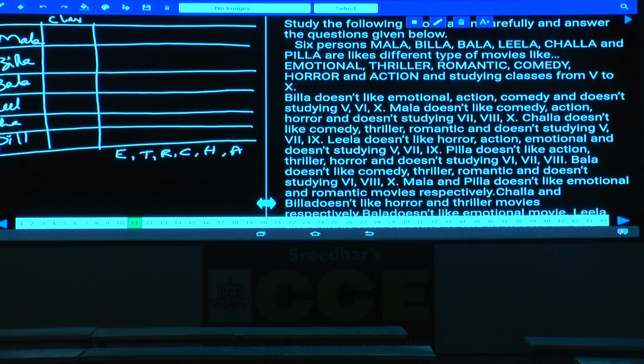Now this person also does not study in 5, 6 and 10. Hence 5, 6 and 10 are ruled out. Done with this? Then Mala does not like comedy, action and horror.